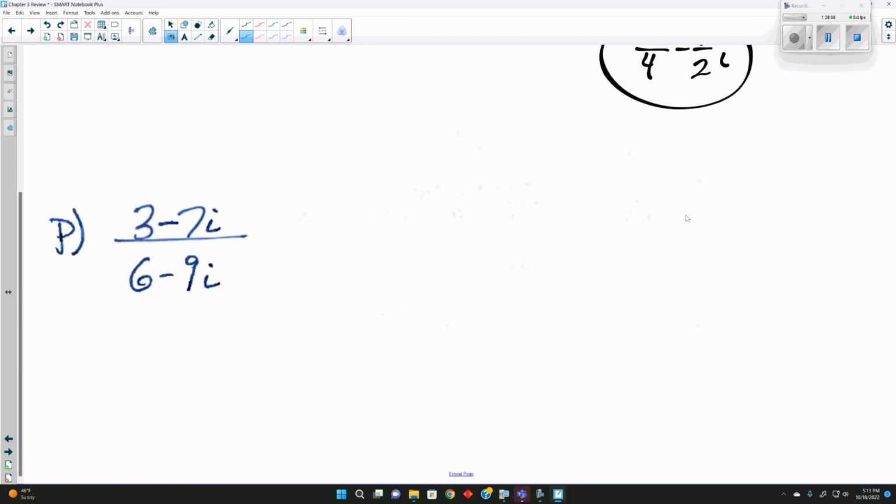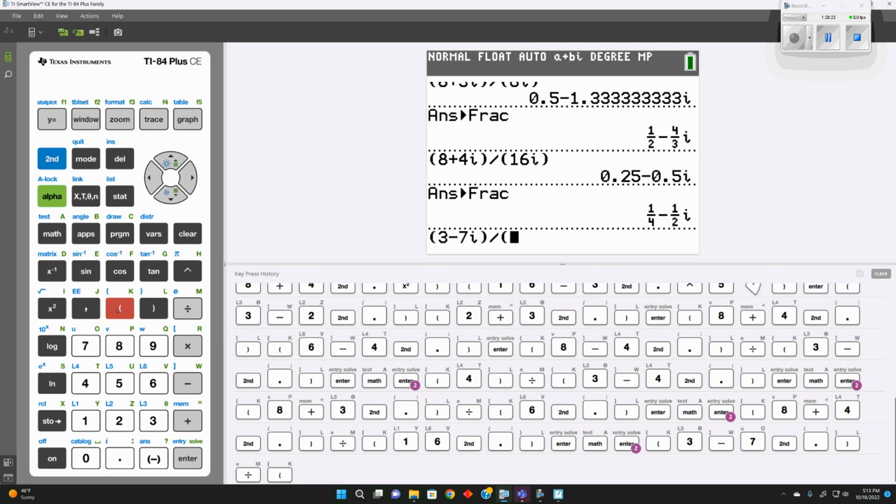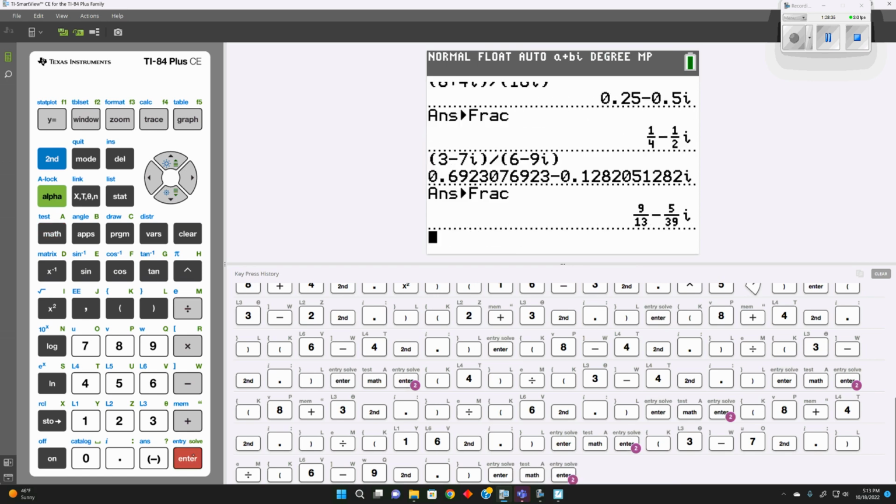Now this one here is the last one with division, so it'd be 3 minus 7i divided by 6 minus 9i. And again, we could type this in. 3 minus 7i, close parentheses, divided by 6 minus 9i, hit enter. We get this here, and those are some pretty ugly fractions. Now if we go math, enter, enter, it will make them look a little bit nicer.